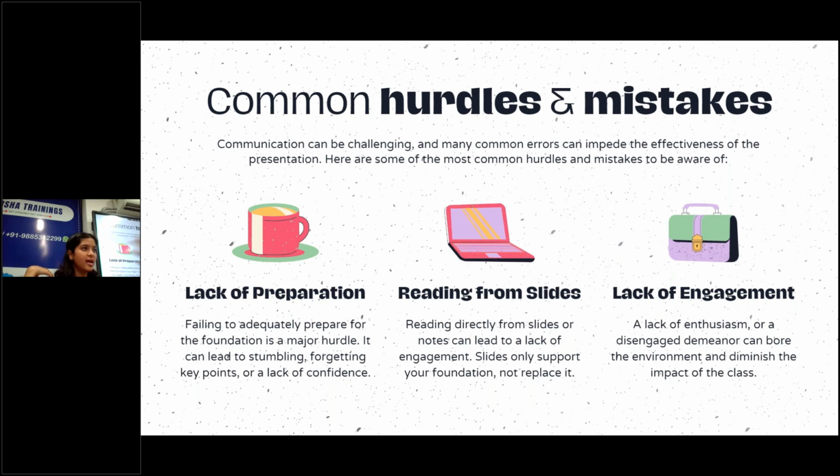So you need to interact, engage with the audience, to get more feedback and improve. That is why engagement is important, and that is the common mistake that most people do. Even lack of enthusiasm or disengaged demeanor can bore the environment and diminish the impact of the class.